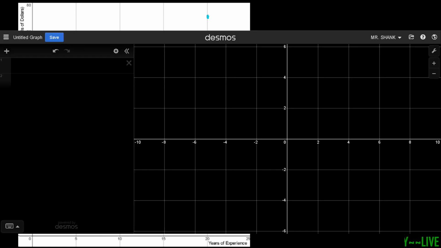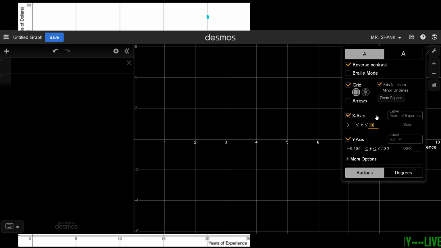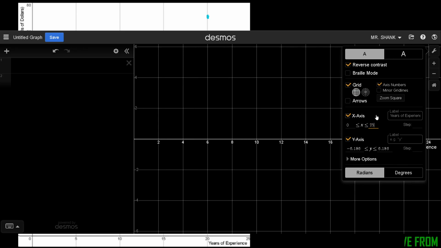So I pull up my calculator, and I'm going to change my picture to match what I need. On my x-axis, I can change the label to years of experience. And then my axis goes from 0 to 25, and the step, meaning what it's counting by, is by fives.